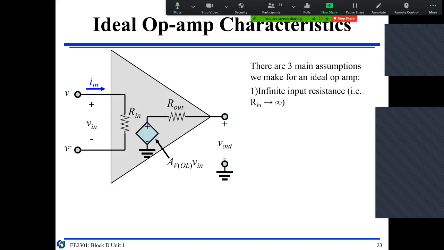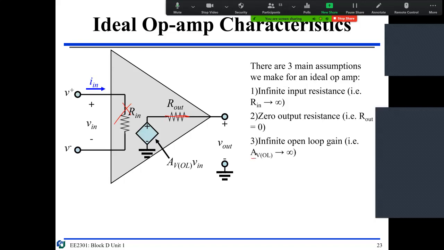So this guy is actually like broken, okay? Infinite input resistance. And you have 0 output resistance, so this is like a short circuit. I out is 0. And this A is infinite. So these are the 3 assumptions for an idealized op-amp, okay?